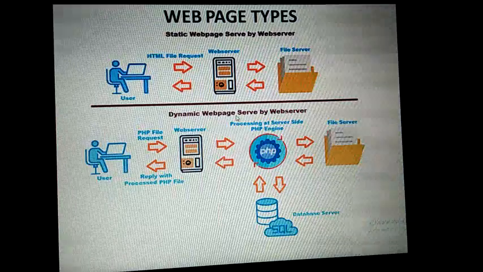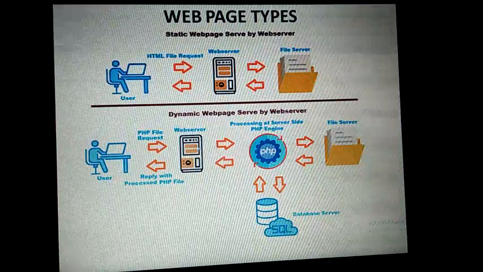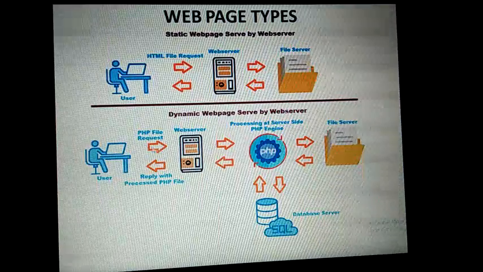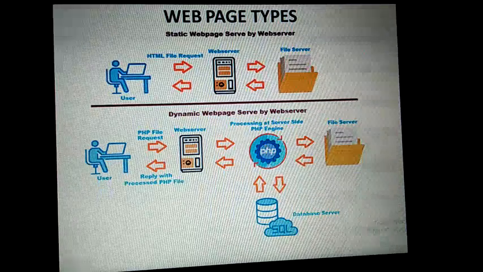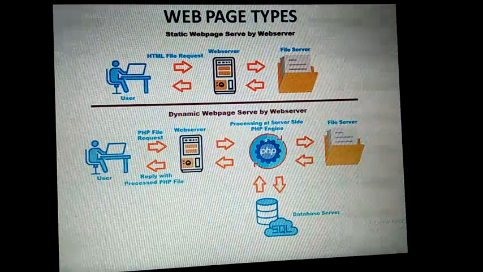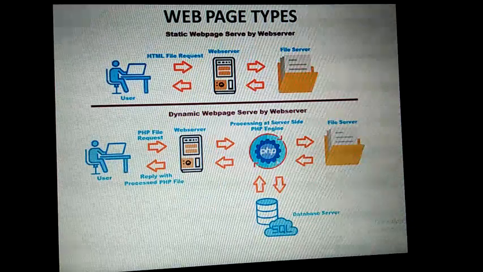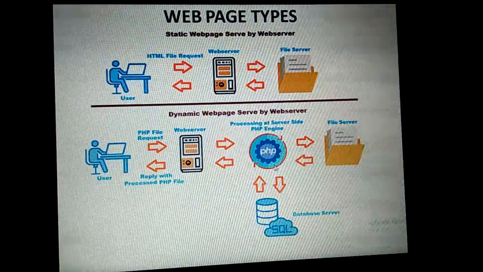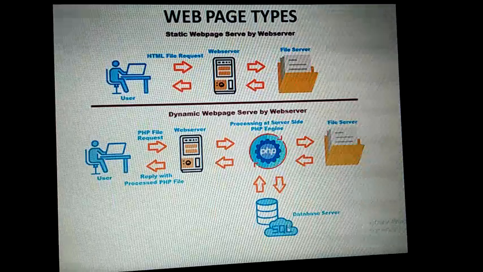But in the case of dynamic web pages, here you can see a PHP file request is passed to the web server. The web server sends it to the PHP engine. The PHP engine processes that request, and then sends it to the file server. The file server retrieves that. If any data needs to be retrieved from the database server also, the PHP will send that request to the database server.